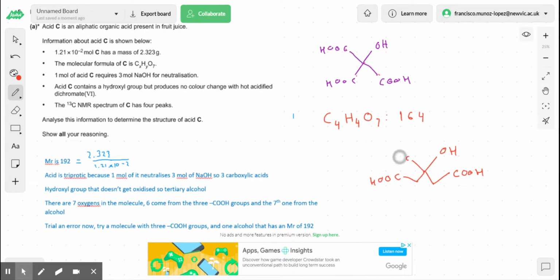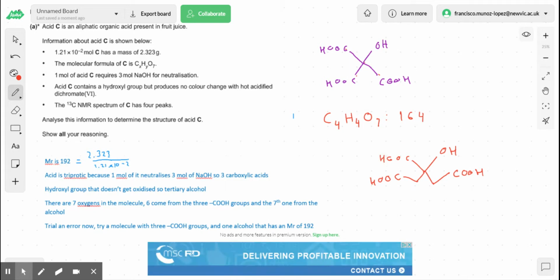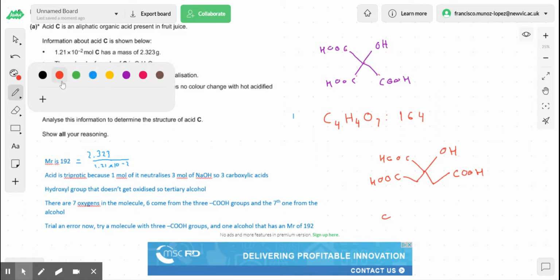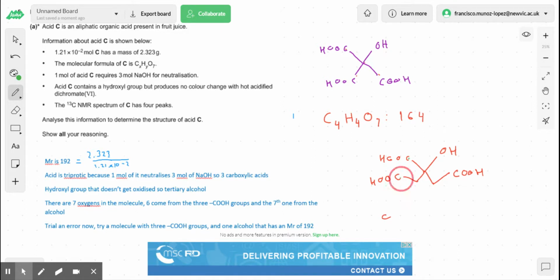And the other one here. So now this one has got a formula which is C, how many carbons? 1, 2, 3, 4, 5, 6. C6, and then H is going to be 6 times 2 plus 2, which is 14. Taking away 6 is 8. O7. You calculate the MR for this one, I believe is 192.